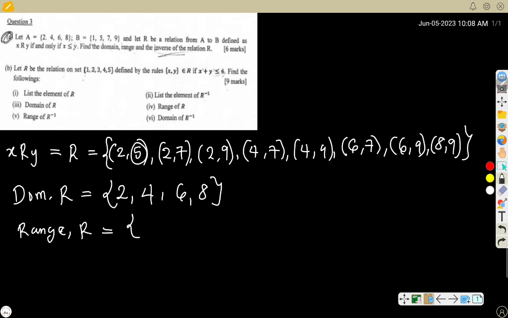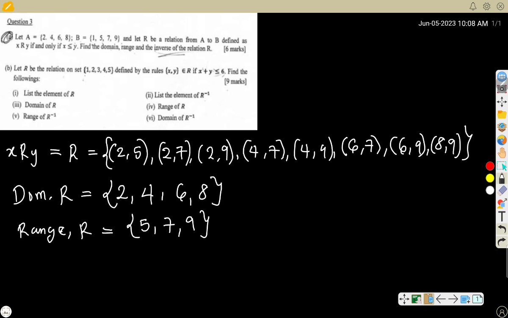So we have 5, 7, 9. We have 7 before, so don't write it again. We also have 9, 7, 9, 9. We don't write any number again. So we have everything. Yeah, so this is our range.